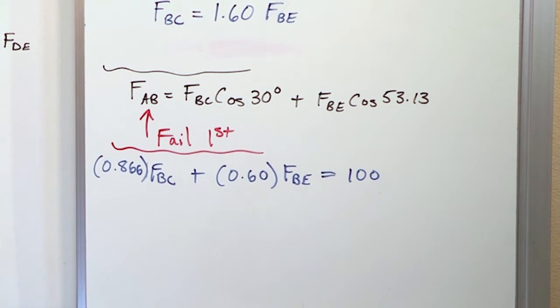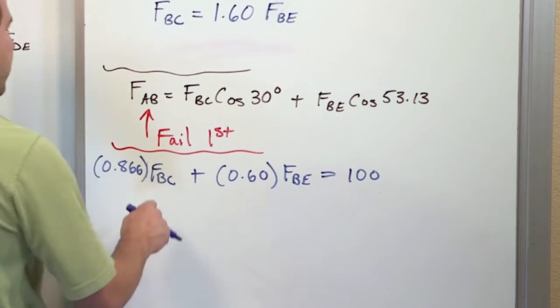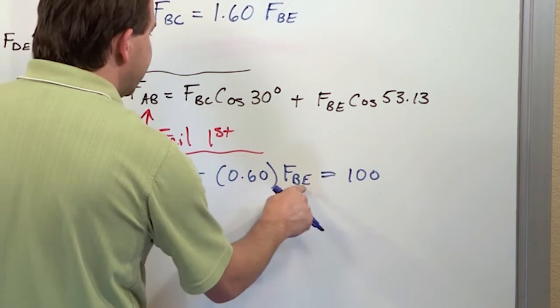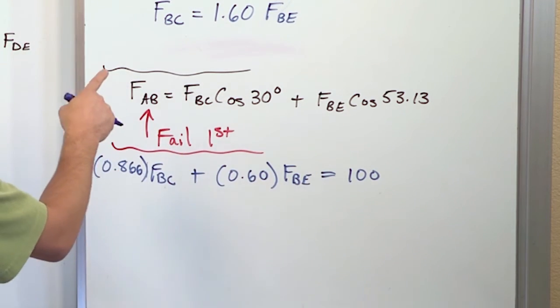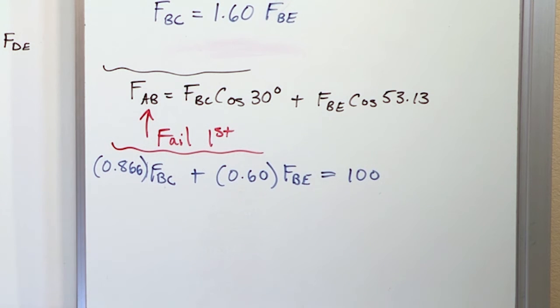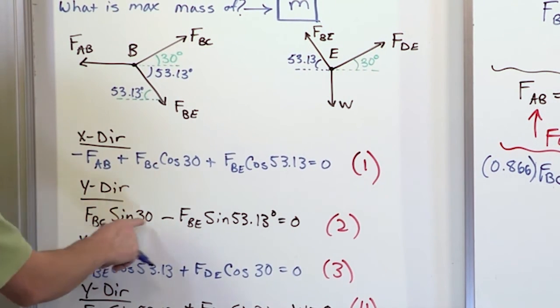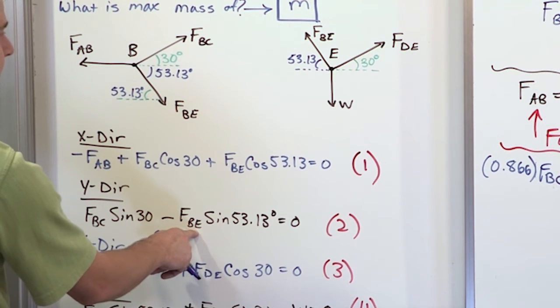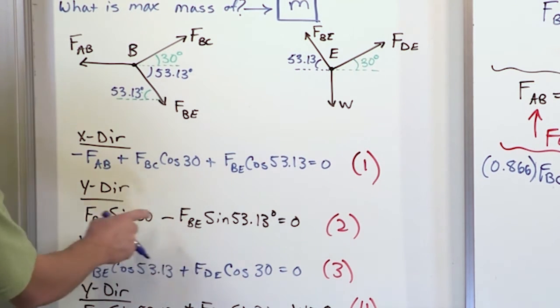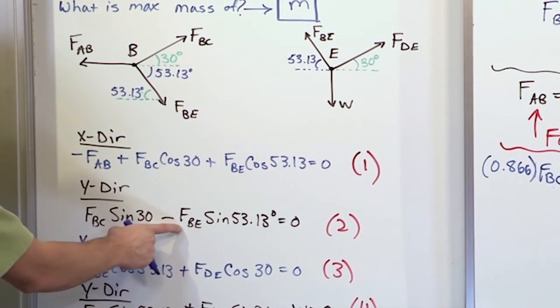All right? Now, we want to basically solve the system, so we have an equation with FBC and FBE, and we go back and look at equation 2 right here. This is another equation in FBC and FBE. So we have two equations and two unknowns we can solve.